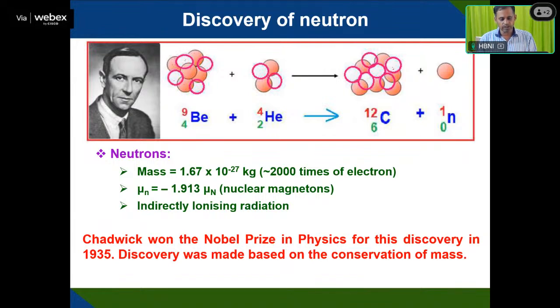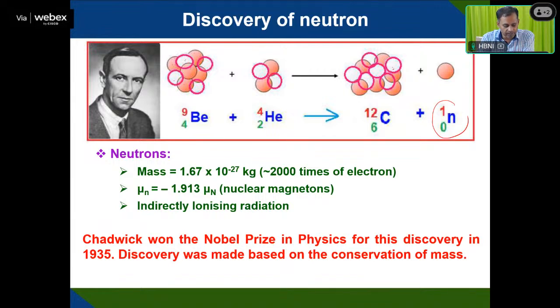The neutron was first discovered by Chadwick, who won the Nobel Prize in 1935, and the discovery was based on the conservation of mass. You can see beryllium, with mass 9, interact with helium, and you will be able to produce carbon 12 with 1 neutron.